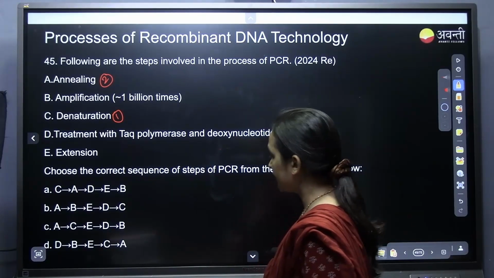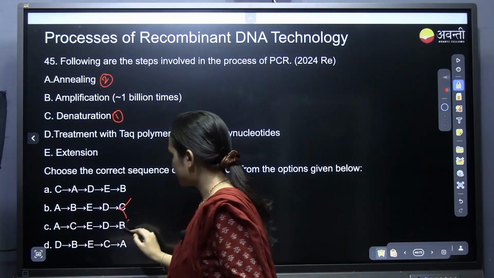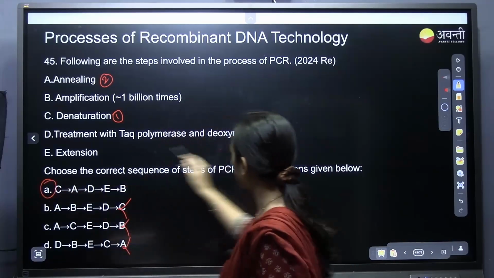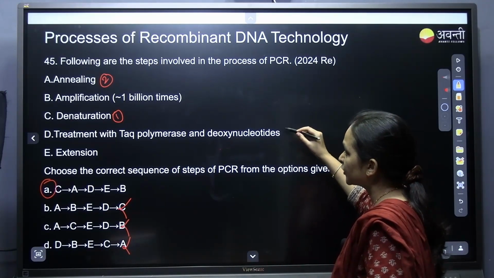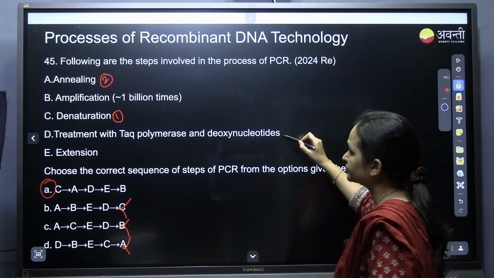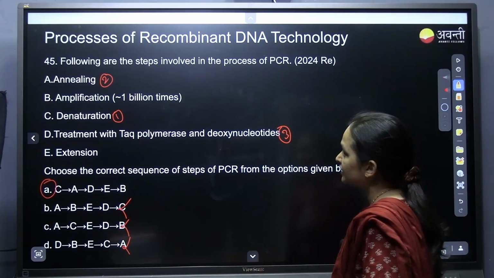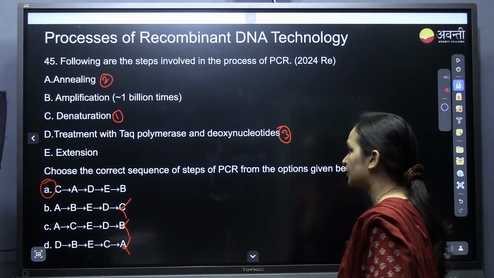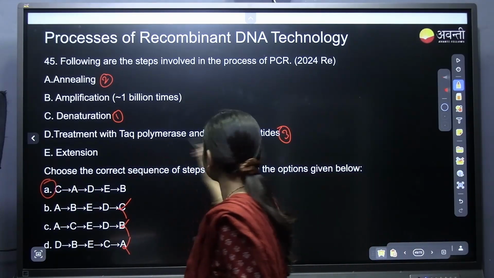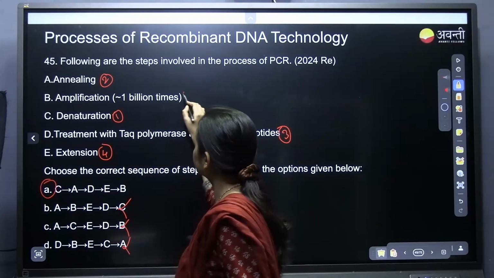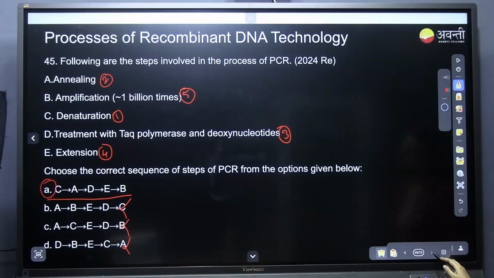Then extension and amplification. A is the correct answer.